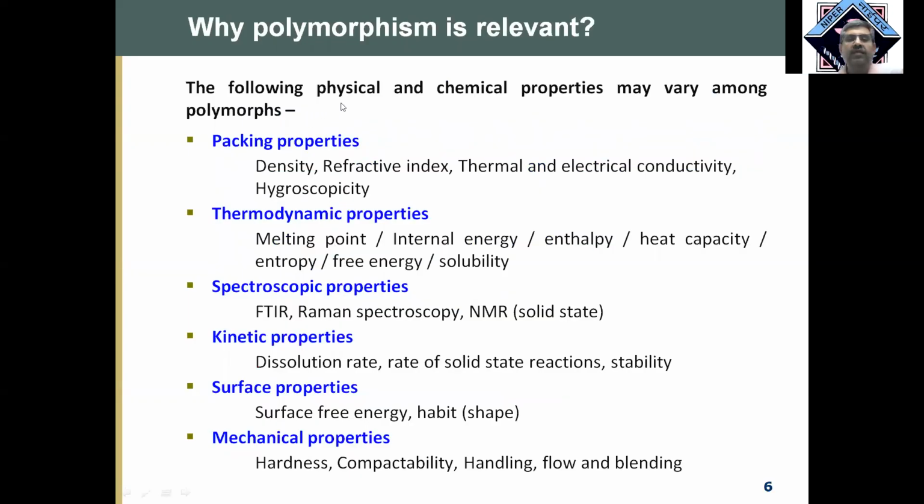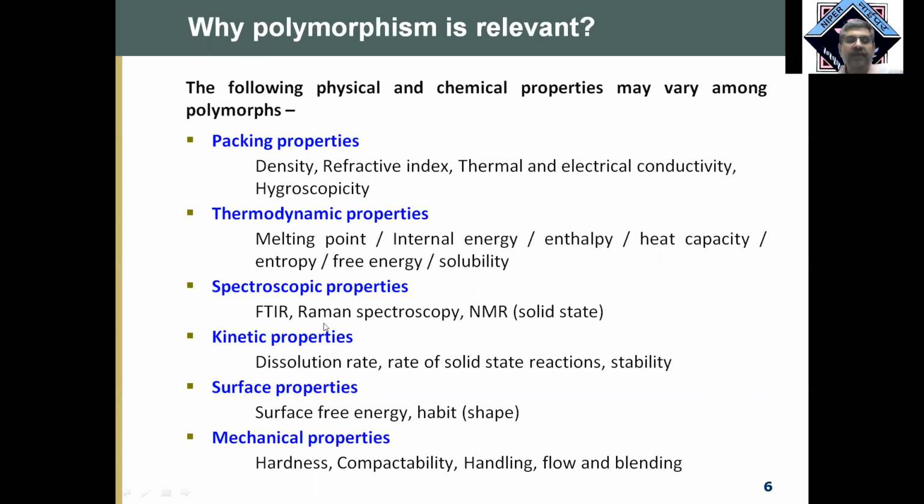The following are some of the physical and chemical properties that may vary among the polymorphs. Packing properties like true density, refractive index, thermal and electrical conductivity, and hygroscopicity may be different for two different polymorphic forms. Thermodynamic properties like melting point, internal energy, enthalpy, heat capacity, entropy, free energy, and solubility.